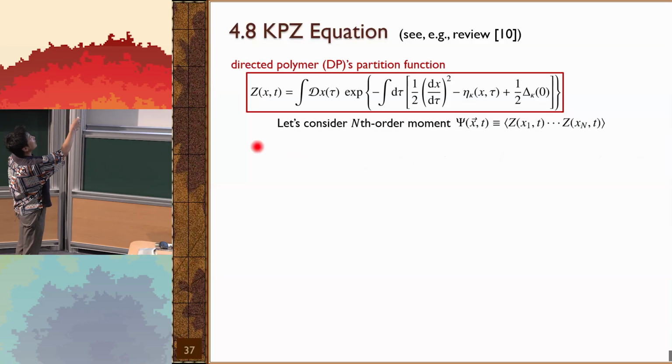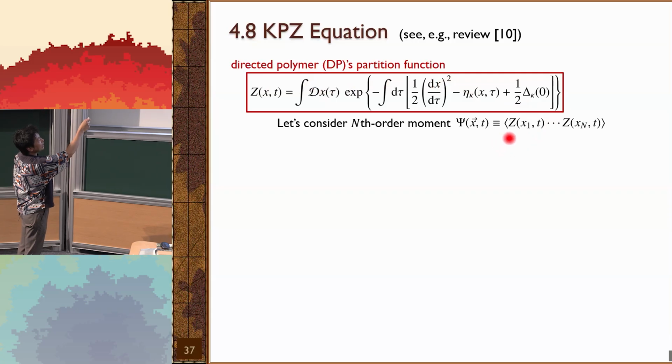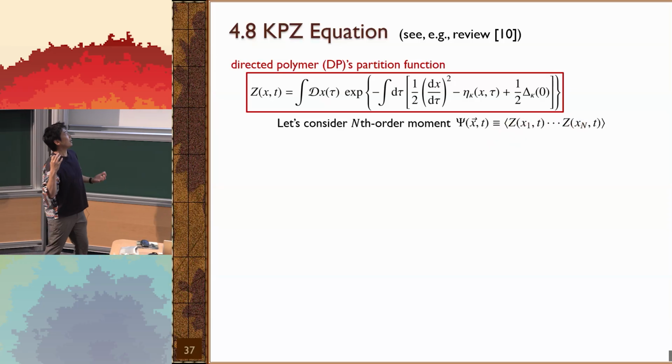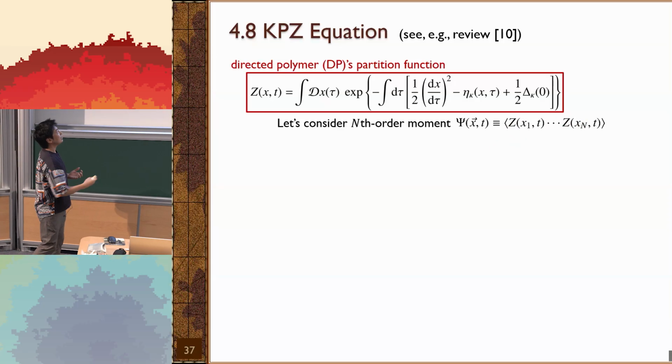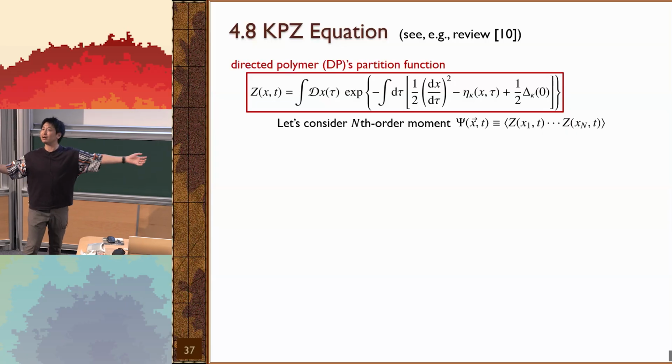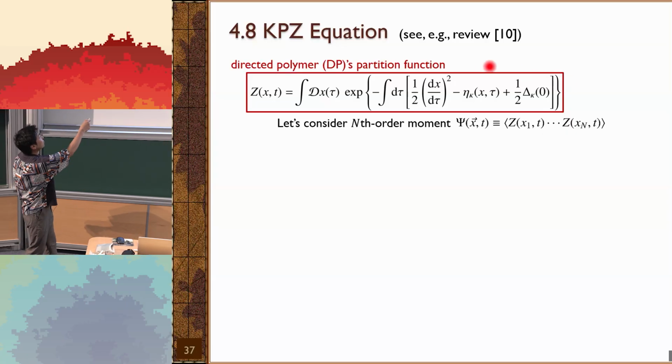So we have an expression for Z, right? So we just plug it into this definition of the moment, and we want to evaluate this average. To evaluate the average, we just multiply the probability density and integrate over eta here.